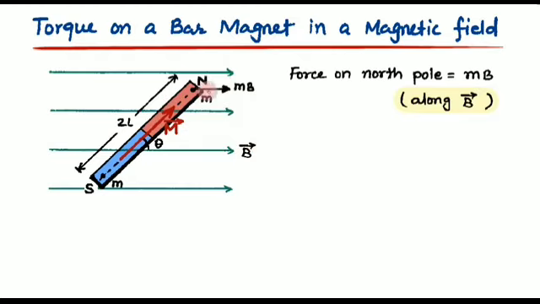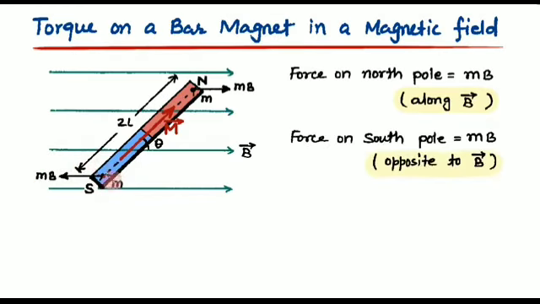Here the two poles are south pole and north pole. The force experienced by the north pole is mB along the B vector. Next, the force experienced by the south pole is mB, opposite to the B vector.